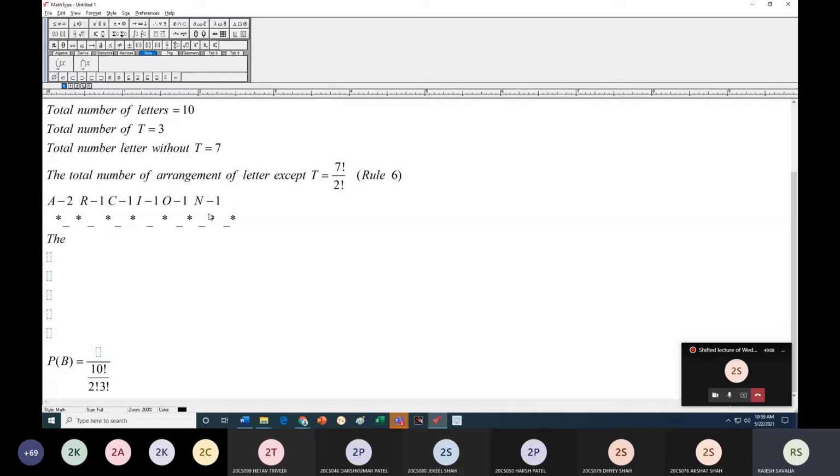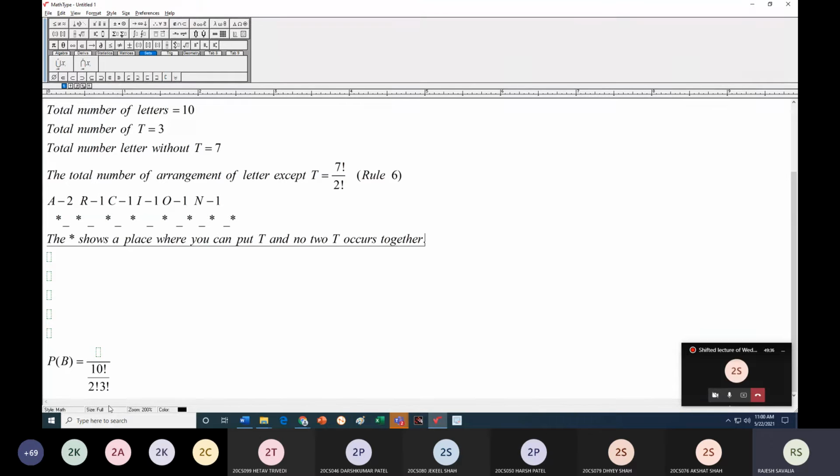These stars are places where you can put T, and no two T's occur together. Am I right or wrong?